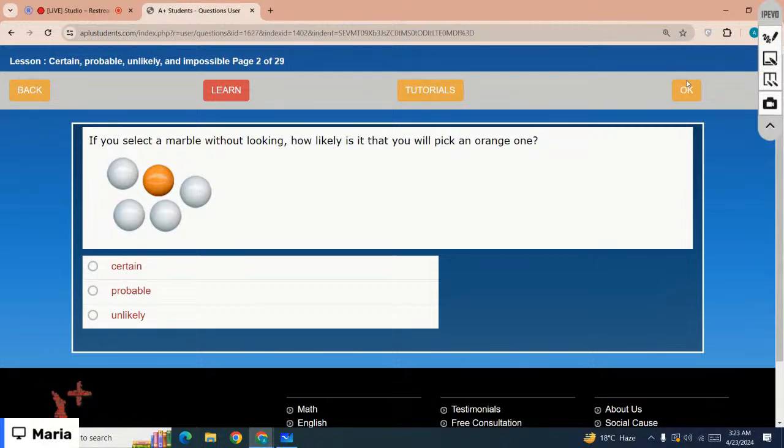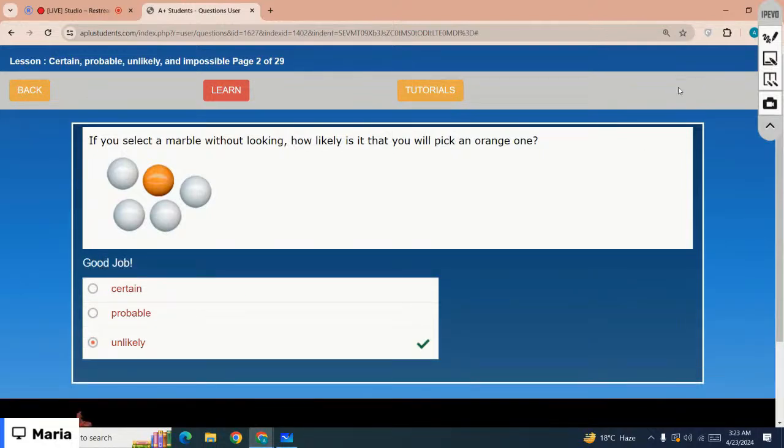Unlikely, right? Because you have only one orange marble and most of them are white, so you will unlikely pick an orange one, right? Very few chances.